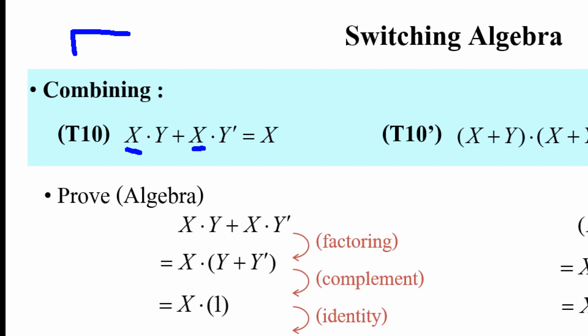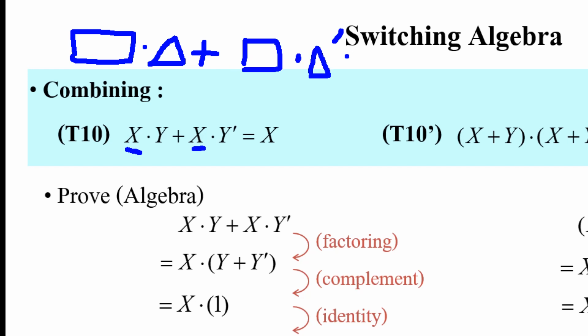For example, you can look like this: rectangular and triangle plus rectangular and triangle prime. What is the result?